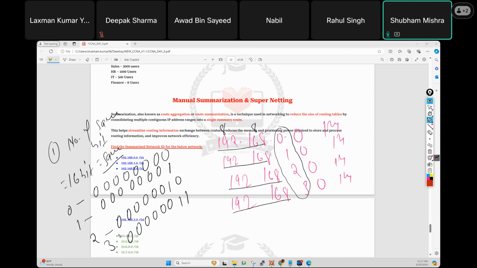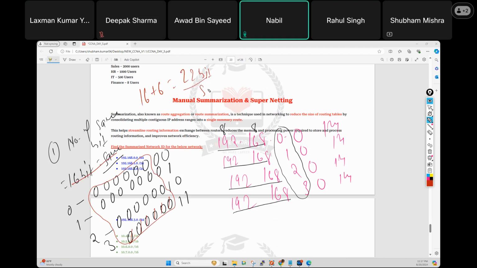Now here, what is the same bit? These are the same bits. How many bits here? 1, 2, 3, 4, 5, 6. So 16 bits are the same and 6 bits are the same here. It means 16 plus 6, 22 bits are the same. These 22 bits are the network bits, and the network bit count is also known as the CIDR.